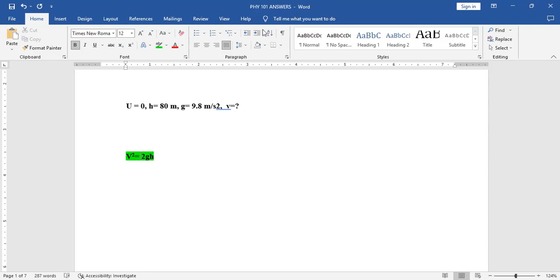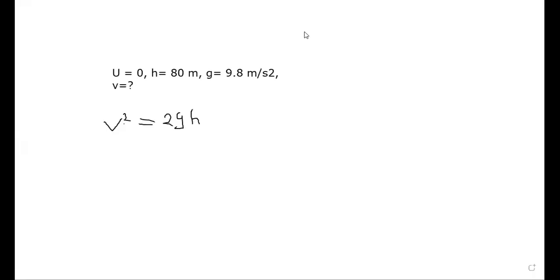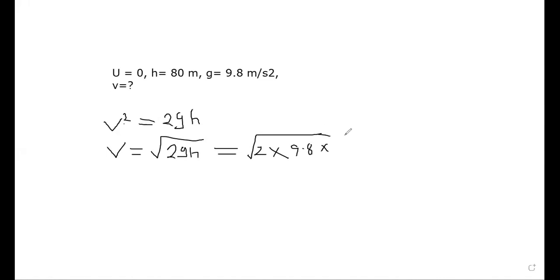So from here, making v the subject, we will have v equals root 2gh, which is the same thing as root of 2 times, what's g here? 9.8, times h, 80.